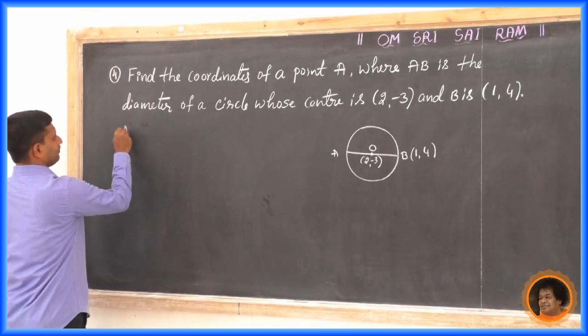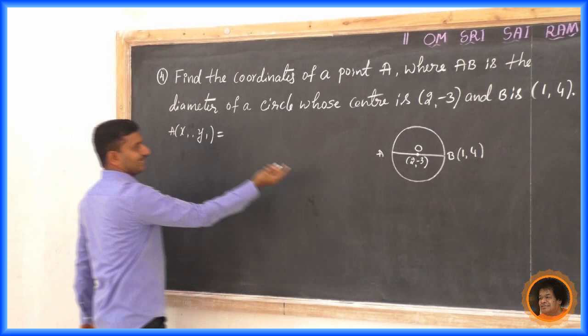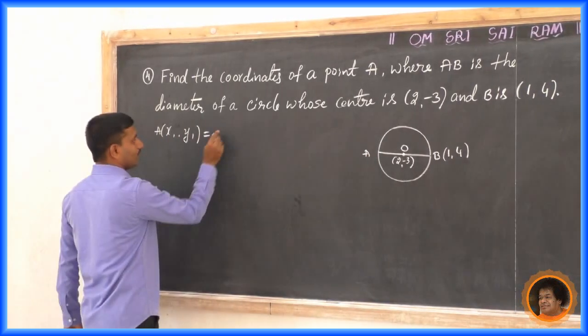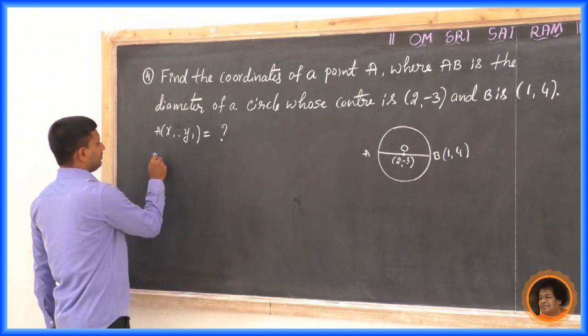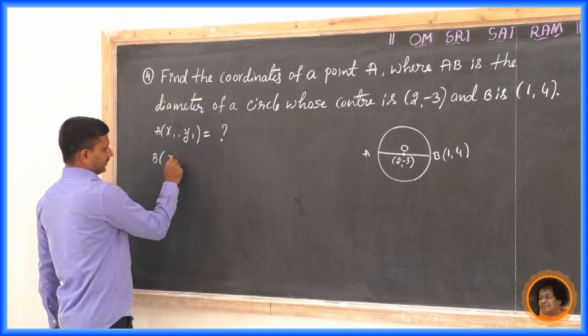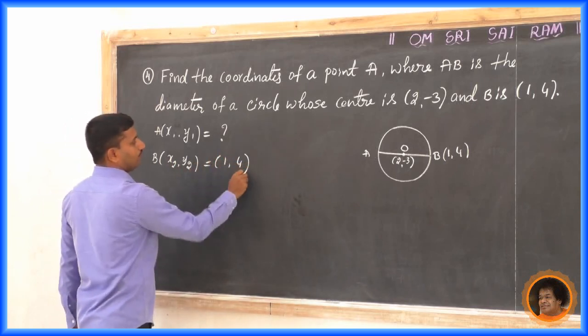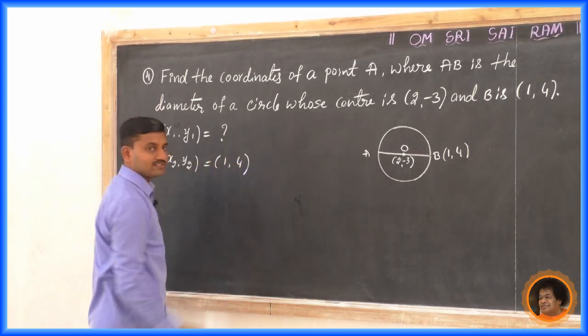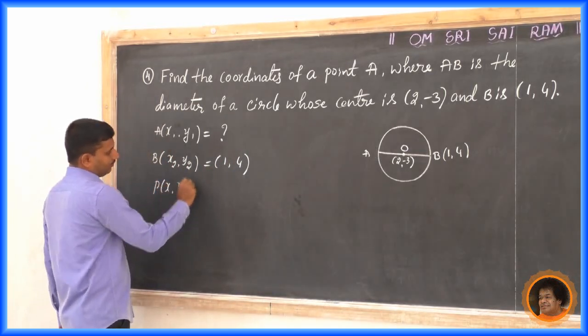Let the coordinates of the point A be x1, y1. We have to find x1 and y1. The coordinates of the point B, x2, y2, are given as 1, 4. And O, the center of the circle, is 2, minus 3, that is P of x comma y.